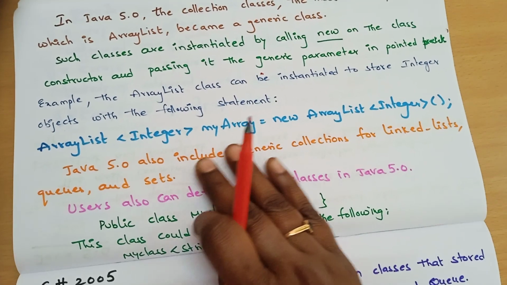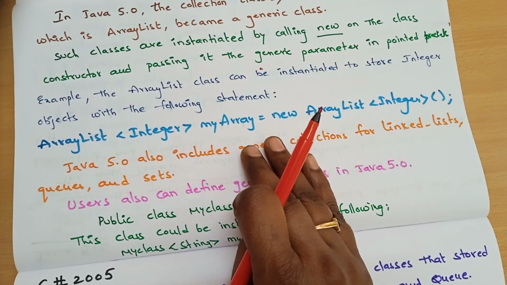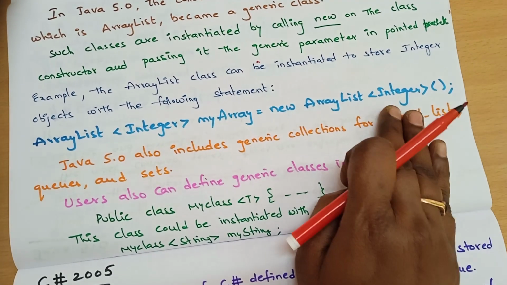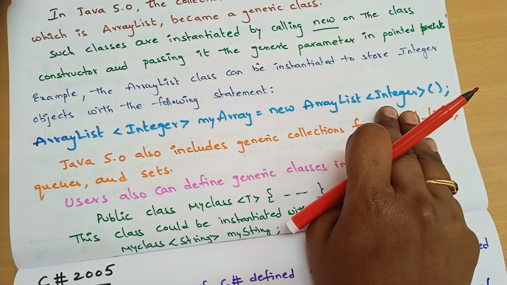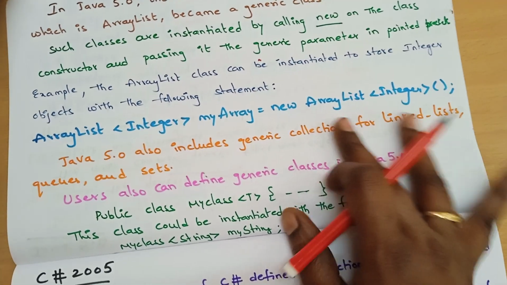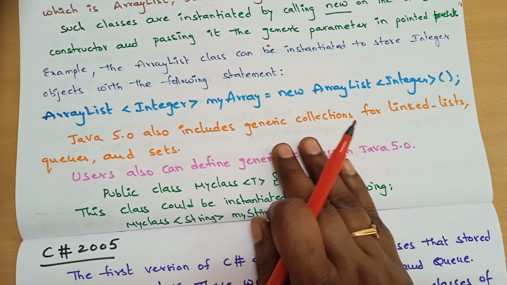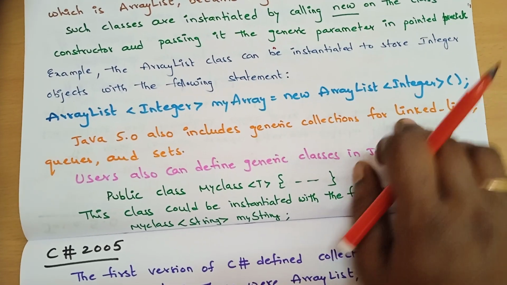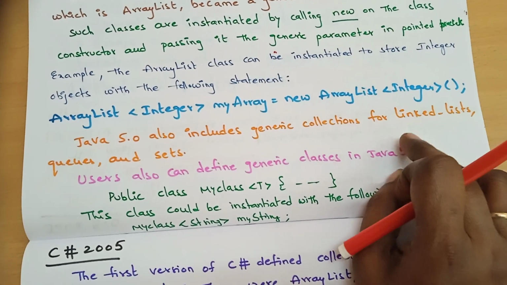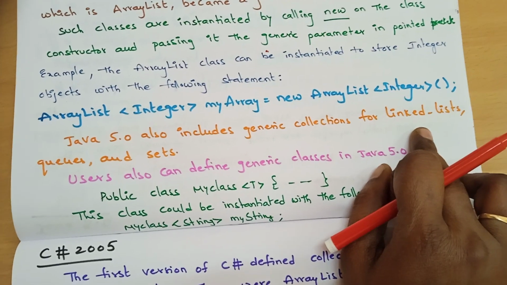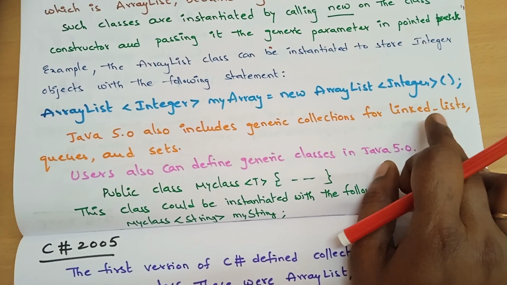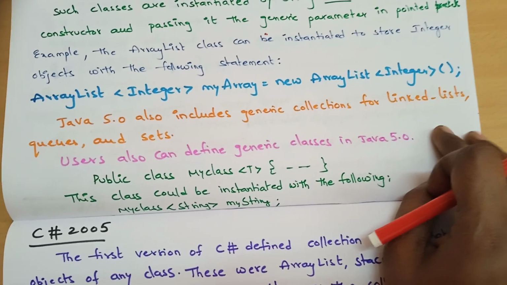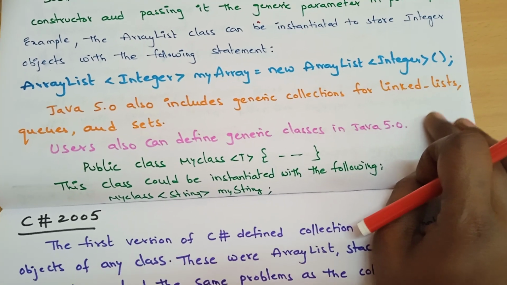This is how the ArrayList class can be instantiated to store Integer objects with the following statement. Java 5.0 also includes generic collections for linked list, and not only linked lists, queues and sets are also included as generic collections.